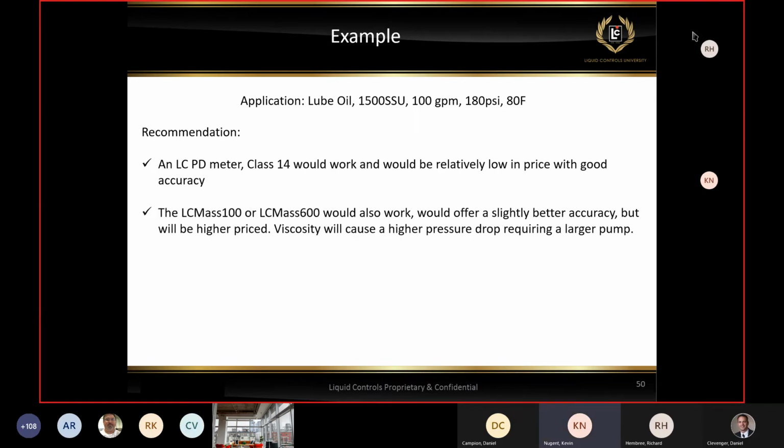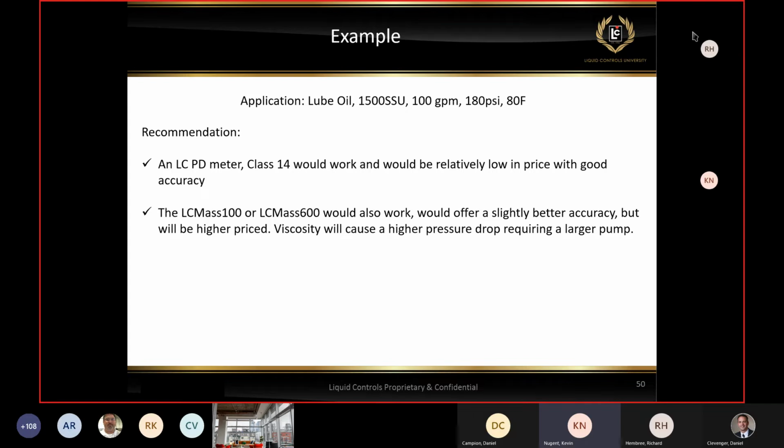We could also apply an LC mass meter. It would be either the LC 100 or the 600. The 600 would offer a little bit better accuracy, but at a higher cost. With the viscosity, it might provide us a higher pressure drop, which may require a larger pump.